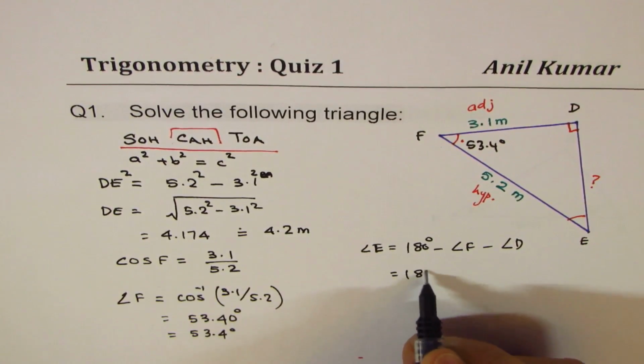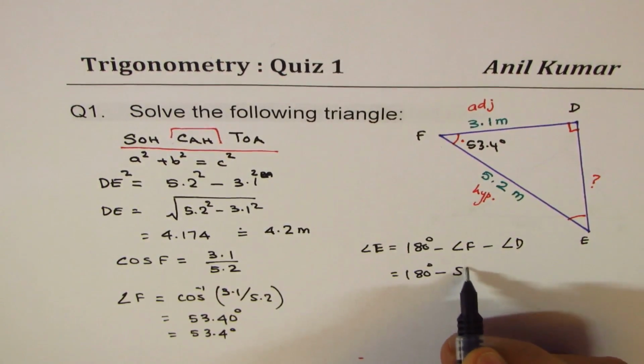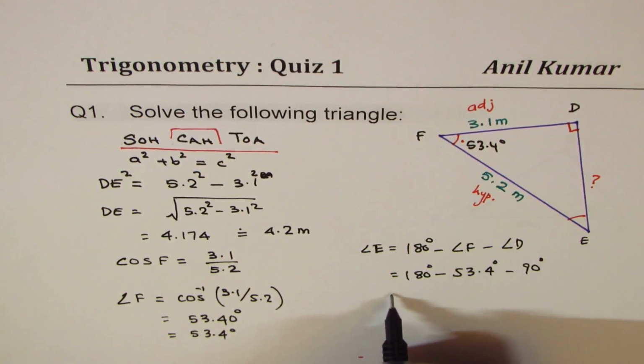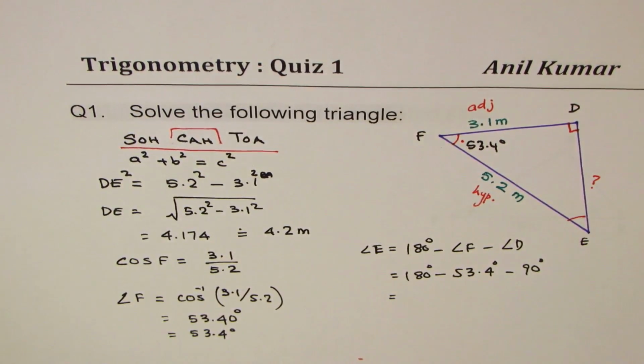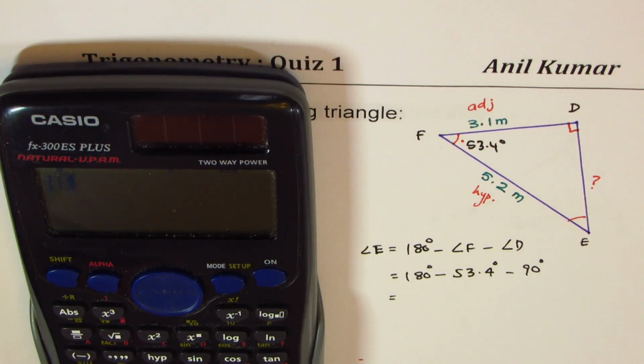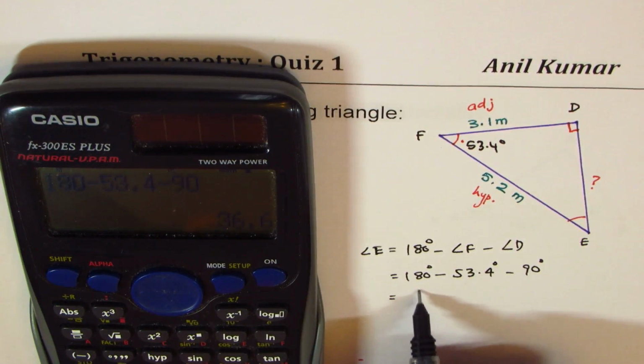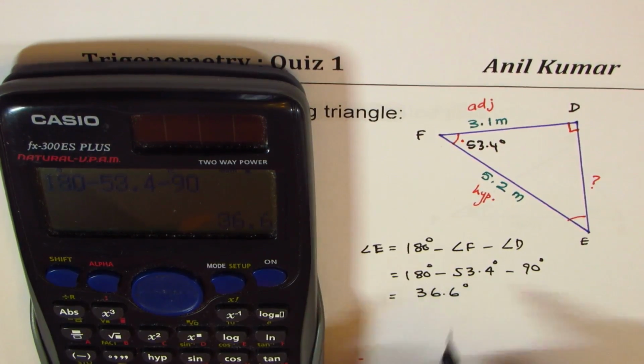So it is 180 degrees, take away 53.4 degrees, take away 90. So we'll do this as 180 take away 53.4 take away 90. That gives us in decimals 36.6 degrees, correct?